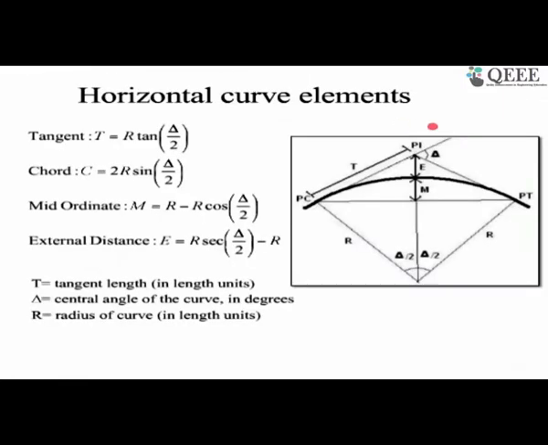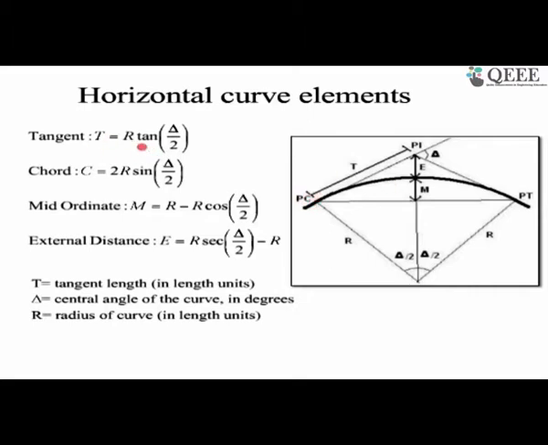If we look into a few basic elements of a horizontal curve for design and layout purposes, these are the things you need to know. The tangent length: from the PI, where the tangents meet, which we call the point of intersection, we need to find the distance where the curve is going to start.